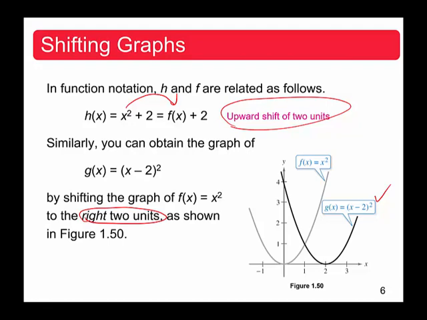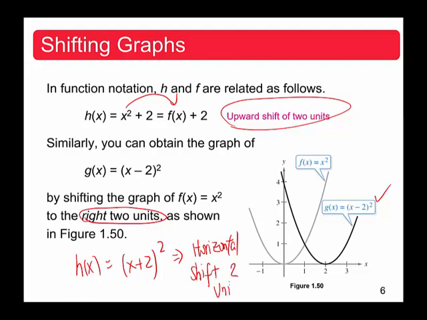If it's adding 2, let's say h of x equals x plus 2 squared, that means we do a horizontal shift 2 units to the left from the parent function f of x equals x squared. So it all comes with a different kind of transformation here.